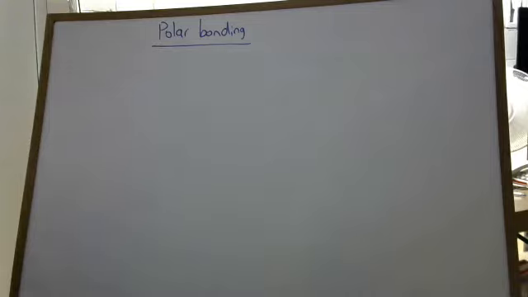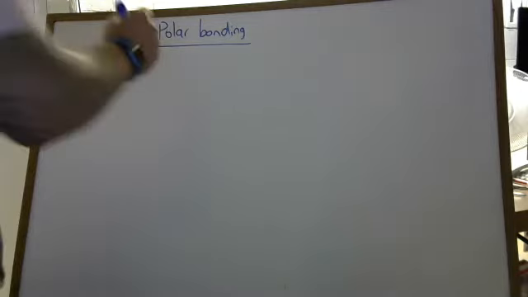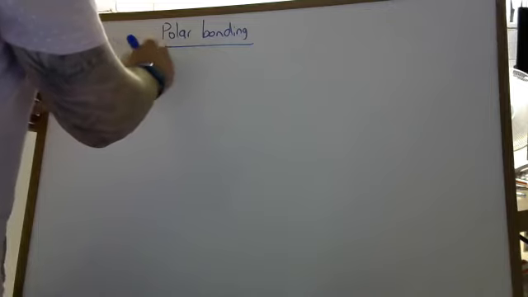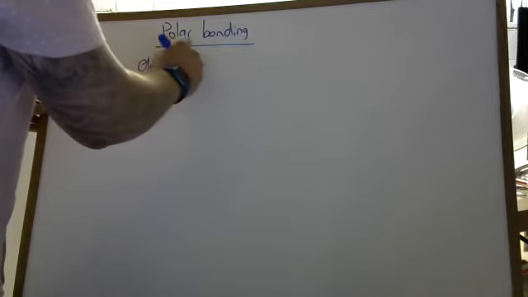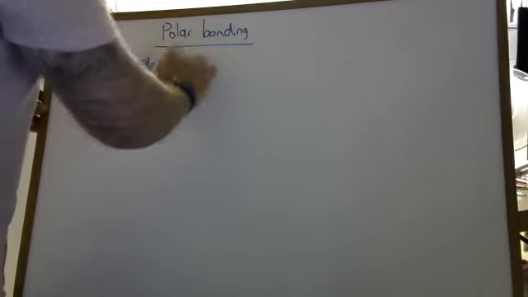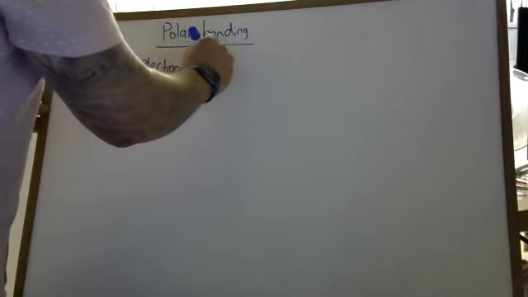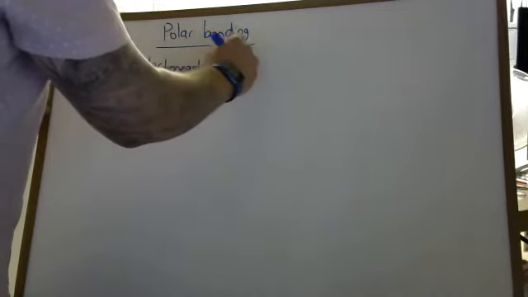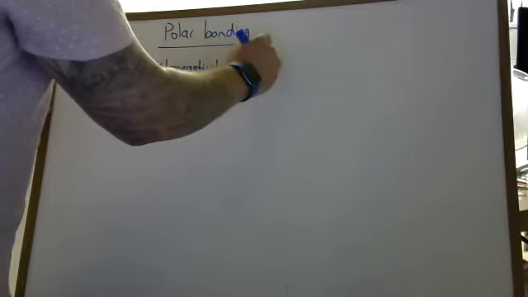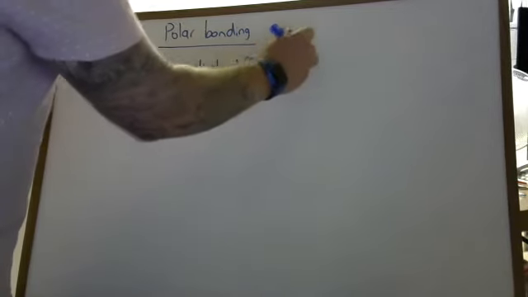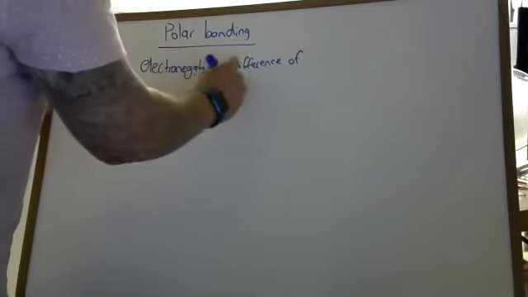Okay, so polar bonding is caused by an electronegativity value difference of greater than 0.5.